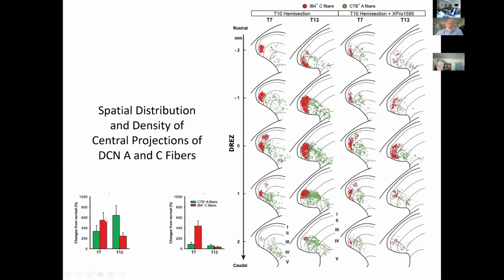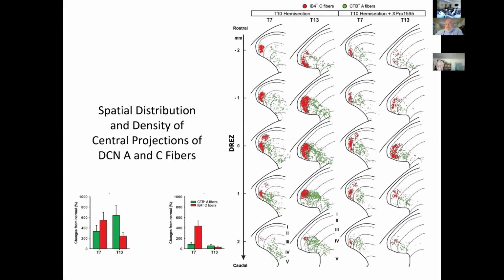So over here is the increases in percentage from baseline for injury alone. And with injury plus treatment, we sort of knock it back down. There's still a bit more C fibers at T7, but not as much as when there was injury alone. So we can sort of preclude the sprouting and the development of hyperreflexia by modifying the inflammatory environment over the 6 weeks from the time of injury.